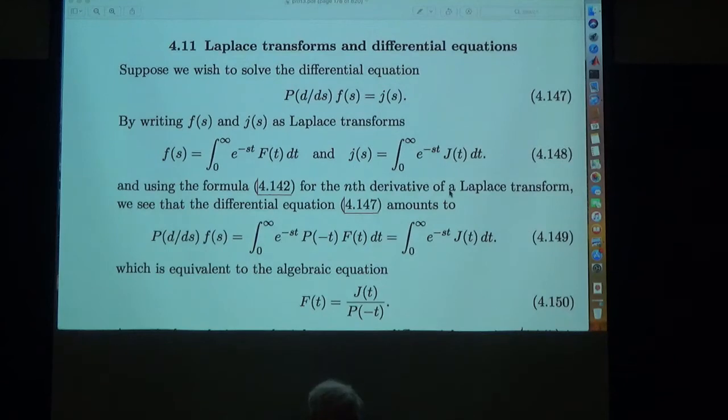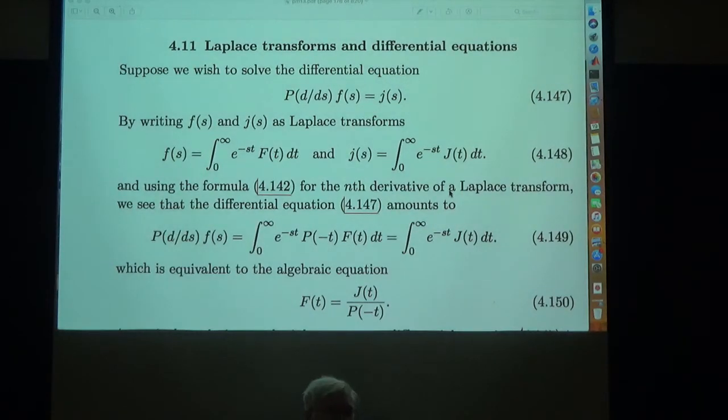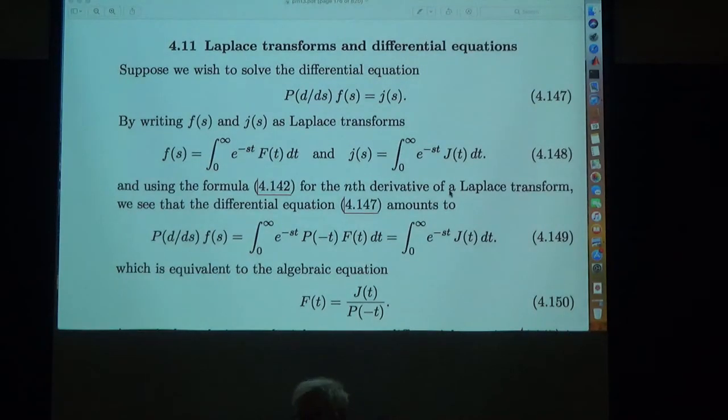Of course, when you do that, you have to keep in mind that the function on the right-hand side might not converge, so you can't just assume that everything works. You have to use some common sense to make sure that both sides are convergent integrals or convergent derivatives.